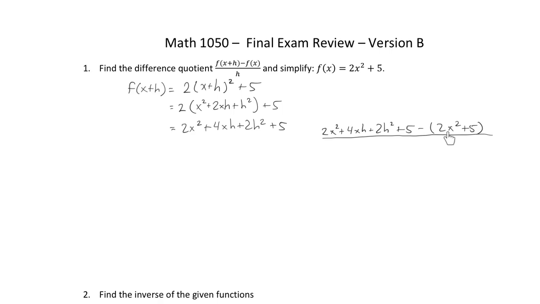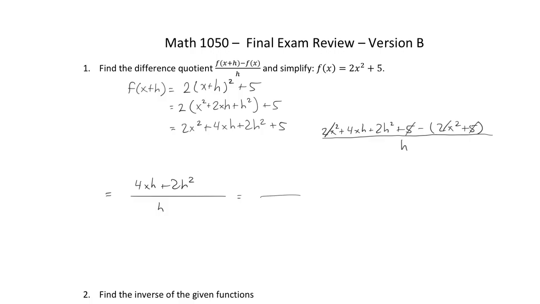Then if you distribute this minus sign, that becomes a negative 5, which cancels here, and this minus 2x cancels that positive 2x squared. So what we have left, oh, and that's divided by h. So what we have now for our difference quotient is 4xh plus 2h squared divided by h.